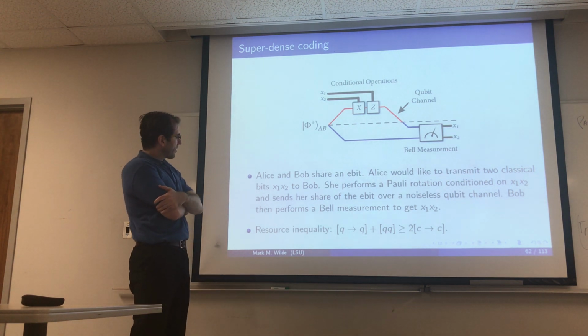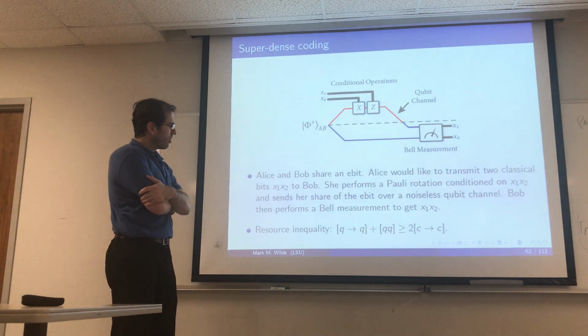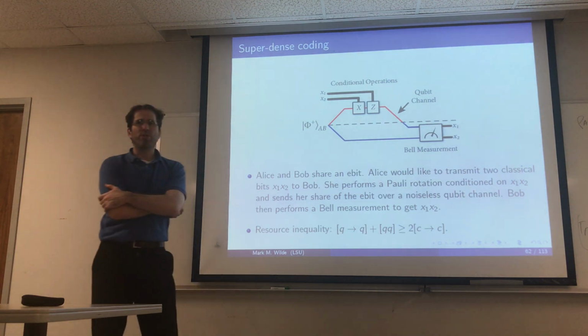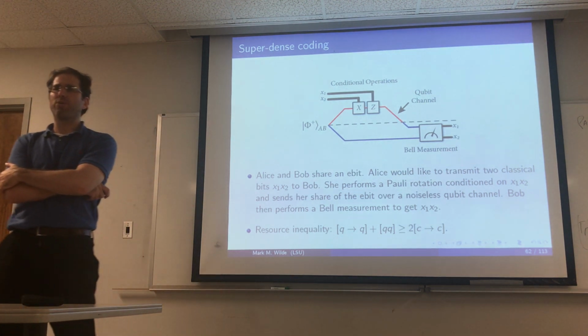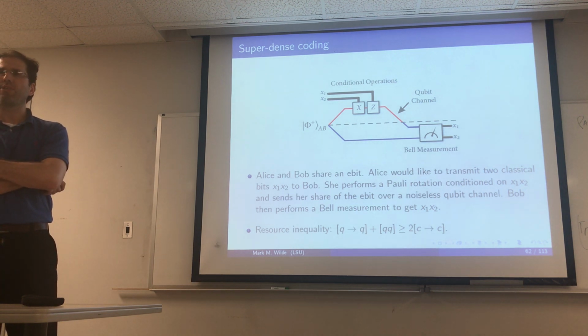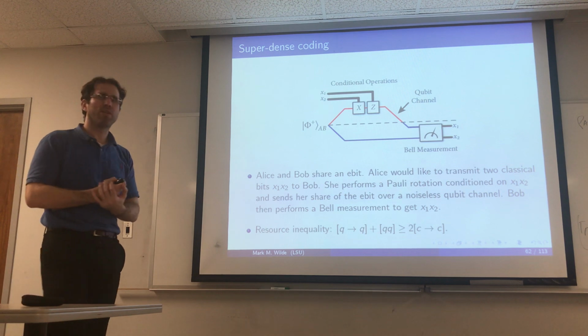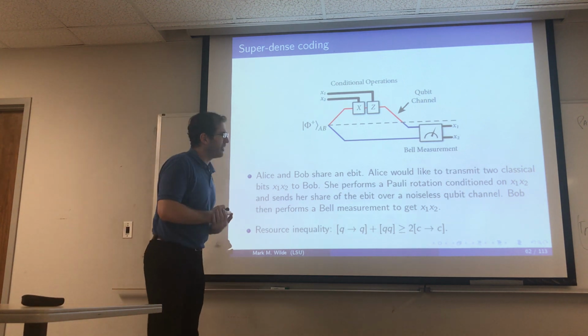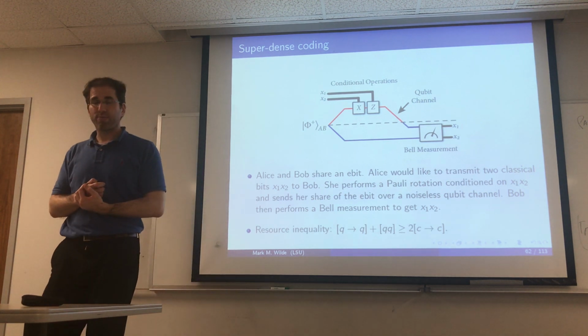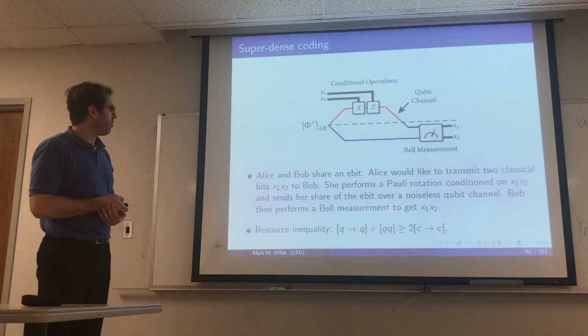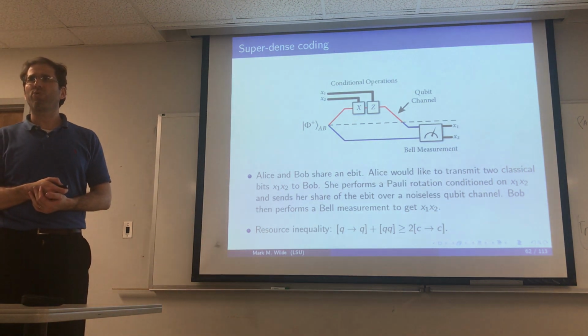Okay. So why is that good? If they had 2 uses of an ideal qubit channel, then Alice could just send 2 classical bits to Bob, right? Because we can encode classical states into quantum states. But this is somehow more economical, right?